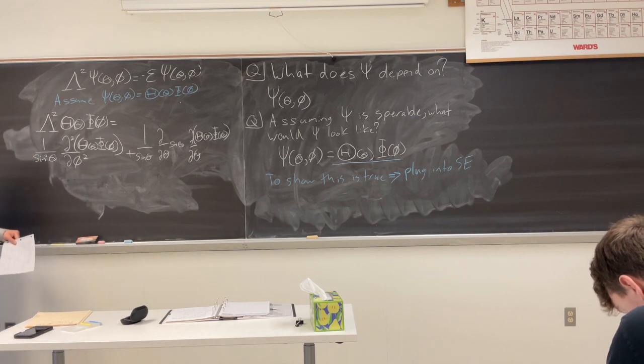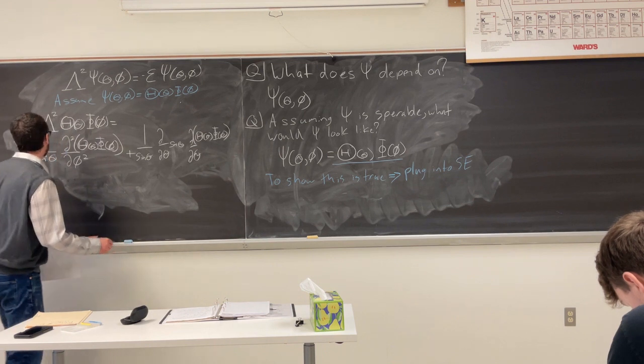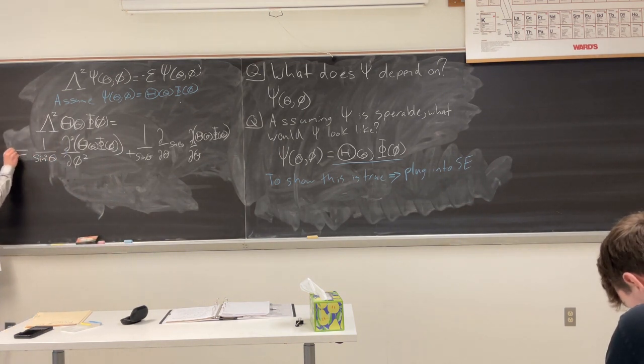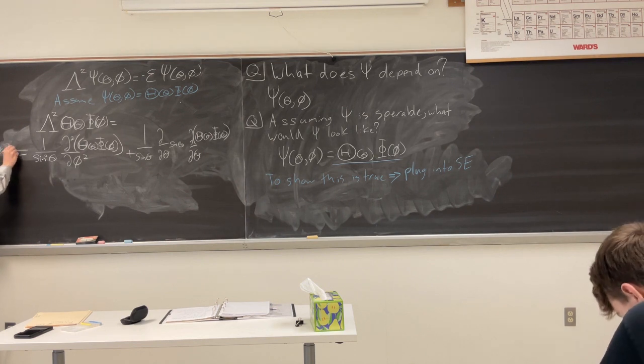Make sense? Okay, and what's all of this equal to again? Yep, negative E psi. Or at least, it might be better to break this apart into capital theta capital phi.